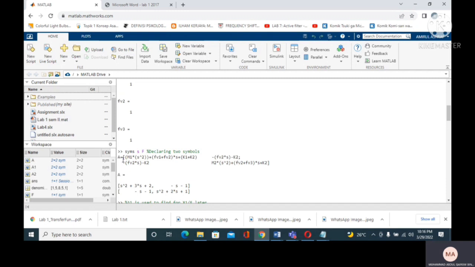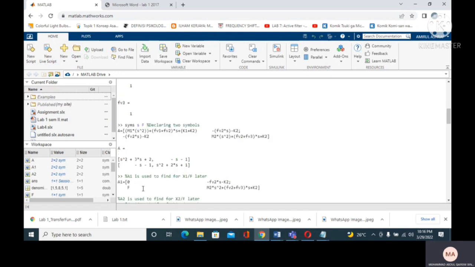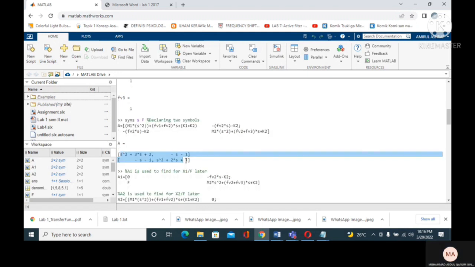So we state the equation that we get into MATLAB, and we name these matrices A. So if we run this, we will get s square plus 3s plus 2, negative s, negative 1, negative s, negative 1, then s square plus 2s plus 1. Then we want to find s1 over f.